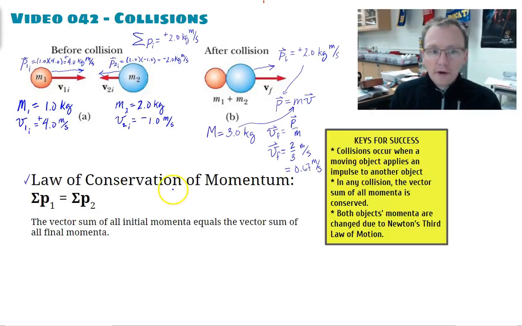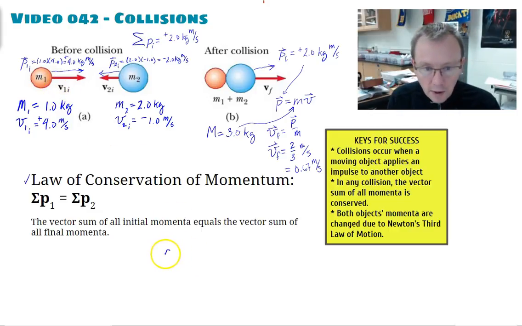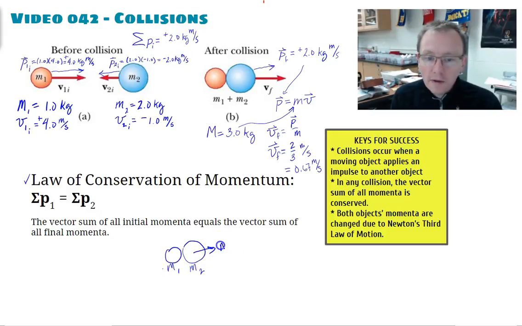The reason why this happens is because when they collide, I want you to think about it this way. Let's imagine we're only looking at M1 for a second here. The moment it collides with M2, M1 applies a force this way, and we'll call that the action force.